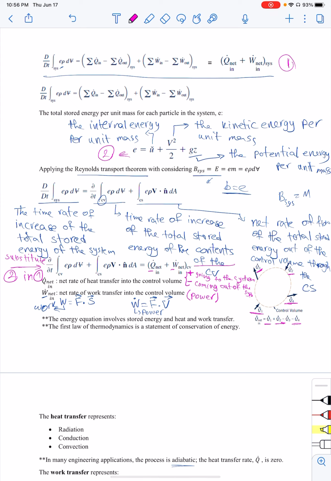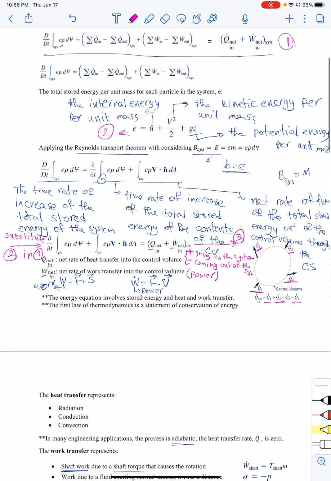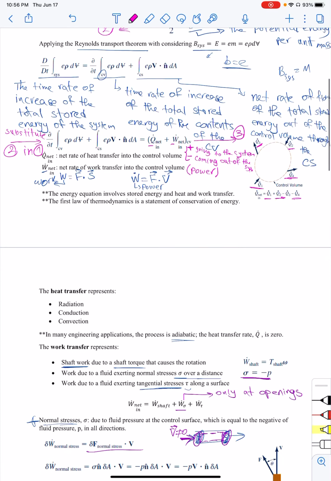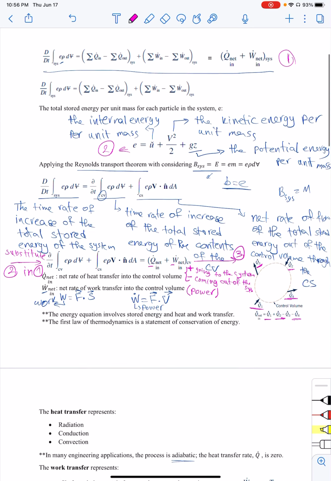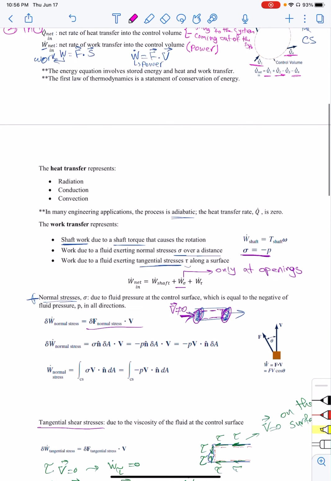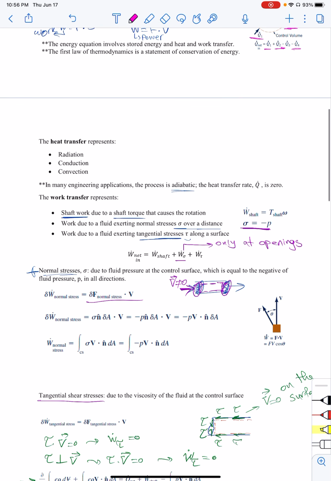So this one right here is number 3. And then this one right here is number 4. And by the way, this is the whole work transfer that we have.